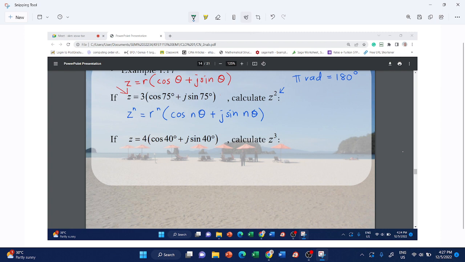So what is your n value? 2. Yes, correct. Because the question asks us to calculate z to the power of 2, that means your n is 2. From De Moivre's theorem shown here in green, you can use the theorem directly.